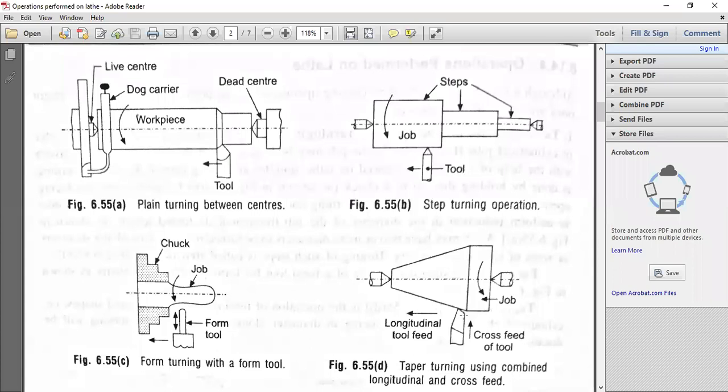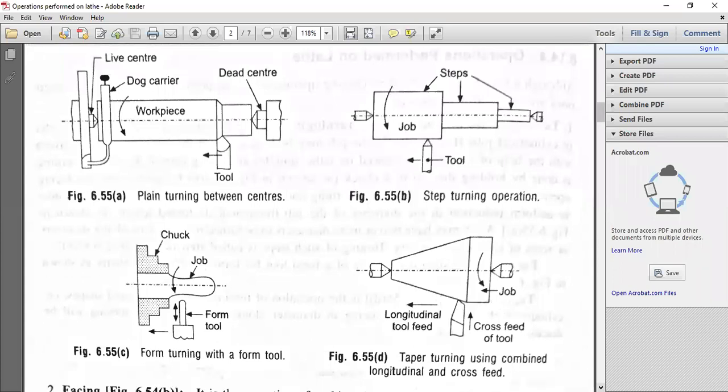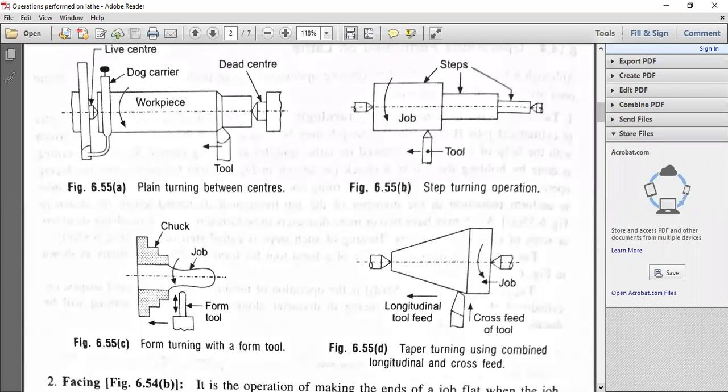The other operation is taper turning, in which we have the longitudinal tool feed as well as the cross feed of the tool. Cross feed, already I told you, you use the cross slide, which is perpendicular, with the wheel for manual feed, or automatic feed. Some lathes are fully automatic, not semi-automatic.